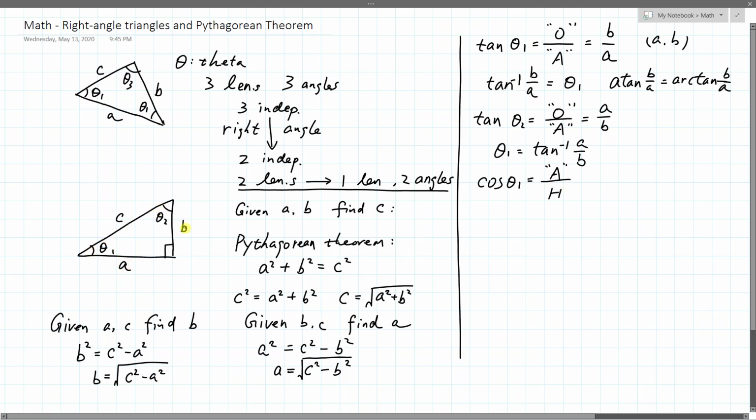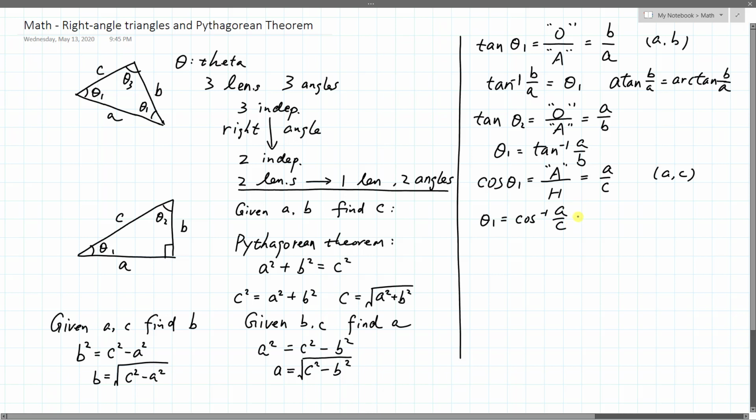And A and B can switch their roles, which one's opposite, which one's adjacent, depending on which angle you're concerned with, right? So in this angle, the adjacent is A. So this is A over C. If you know A and C, then the angle can be calculated by an inverse cosine of A over C.